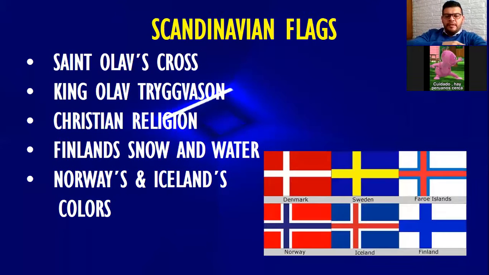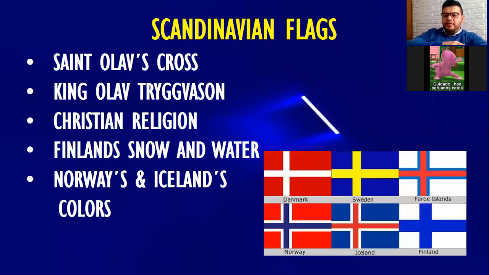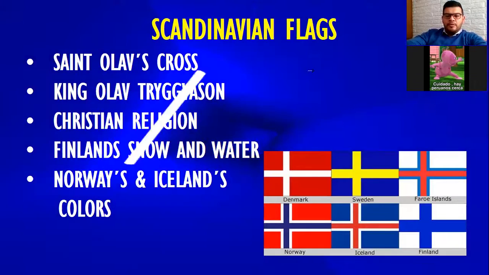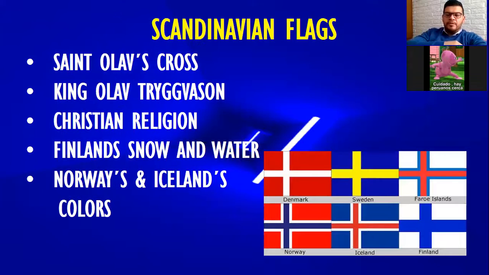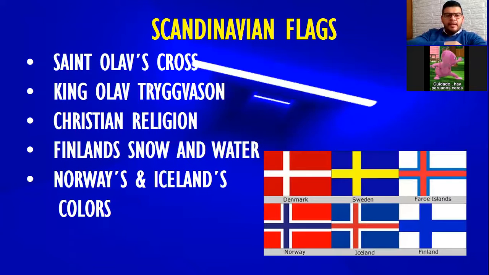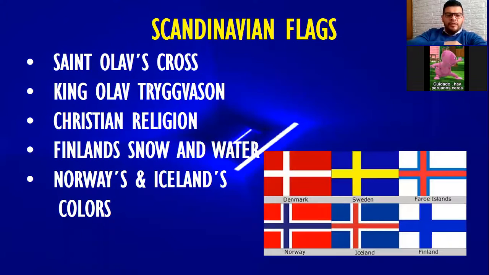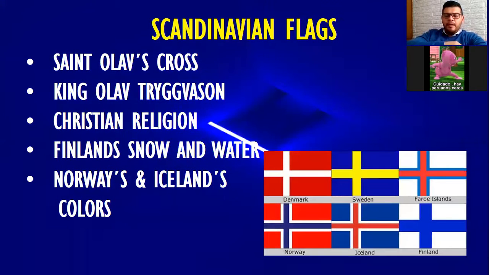What does it represent? For example, in Finland, the Finnish flag is a little bit different because it has white and blue, yes? So they are representing the snow from Finland and all the water that is in the territory and surrounds the territory. But besides that, the rest of the flags are characterized by the St. Olaf's cross and by the same colors, except the one from Sweden, which is yellow and blue.